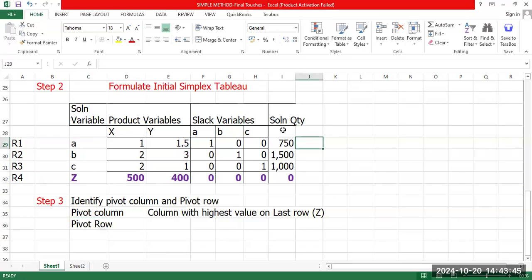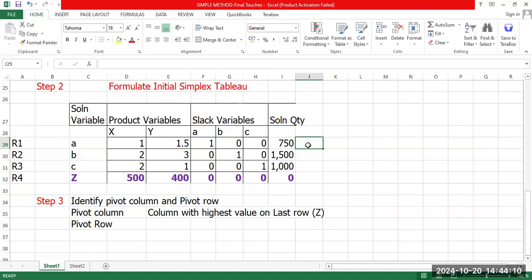You come to your solution quantity. Remember this is your pivot column. Divide each value of the solution quantity by the corresponding value on the pivot column.